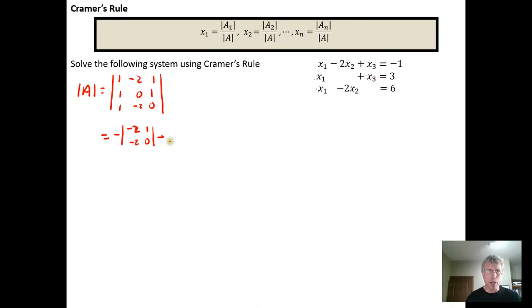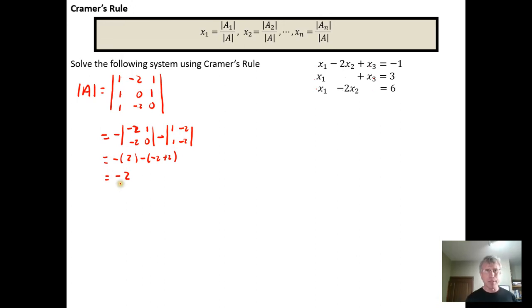So we'll get minus 1 times the determinant of the minor matrix when we eliminate column 3 in row 2. What would be left is 1, negative 2, 1, negative 2. And calculating this, we get the opposite of negative 2 times 0 minus negative 2, which is going to be a plus 2, minus 1 times negative 2 is negative 2, minus a negative 2 is going to be plus 2, so that zeroes out. And so we get a negative 2 for the determinant of A.